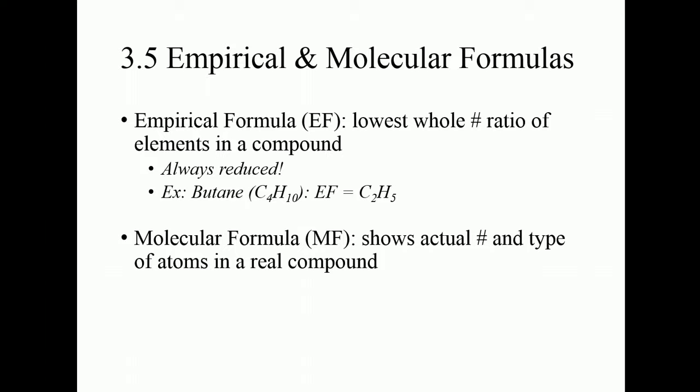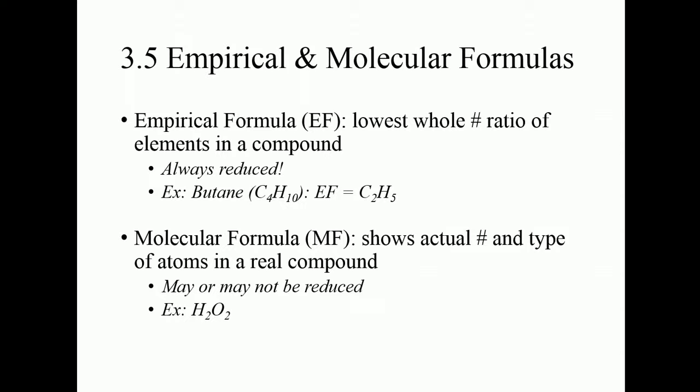A molecular formula, on the other hand, shows the actual number and type of atoms in a real compound. And it's a little bit tricky because this one may or may not be reduced. A substance that is real that you probably have in your house is hydrogen peroxide, H2O2. That's a real compound. It contains 2 H's and 2 O's, so we call it a molecular formula, and it's not simplified or not reduced.